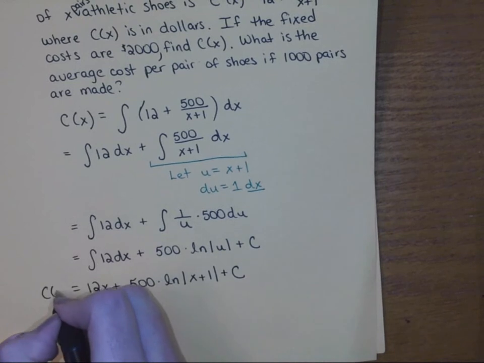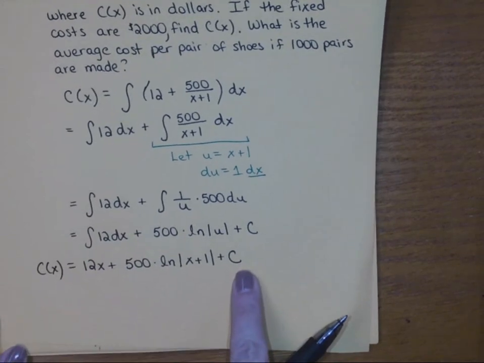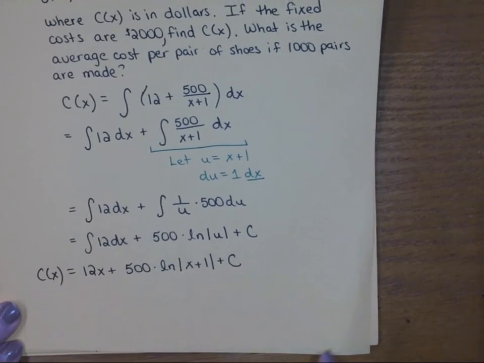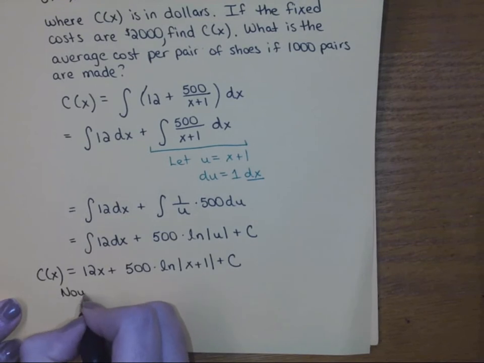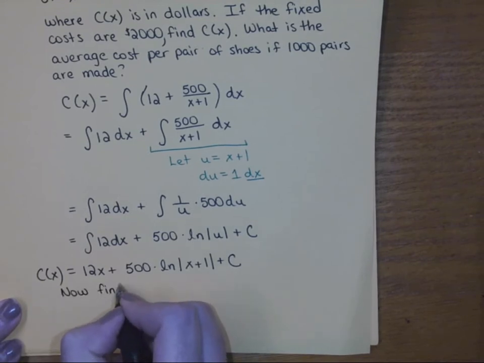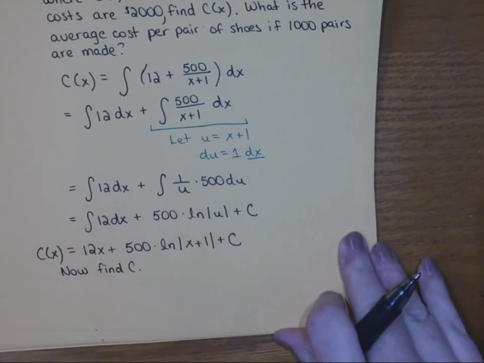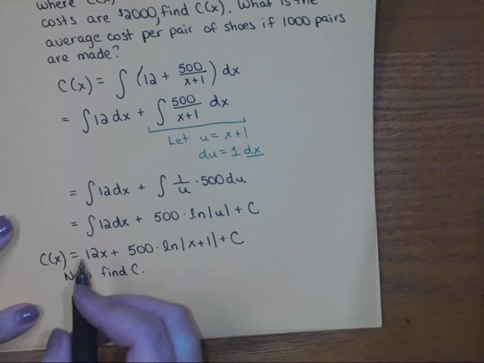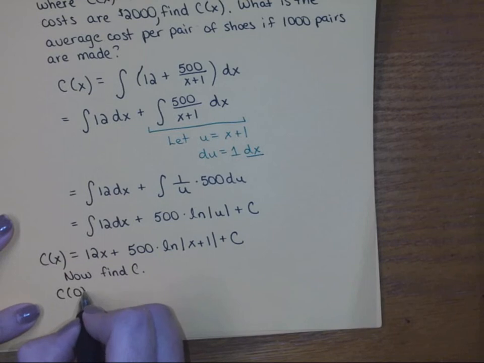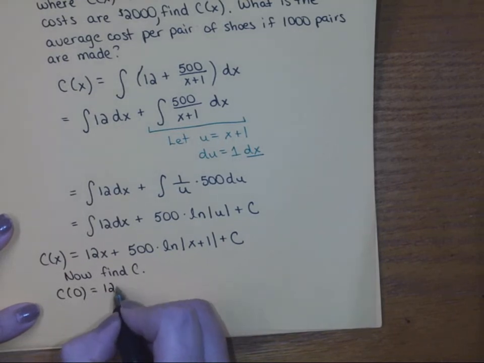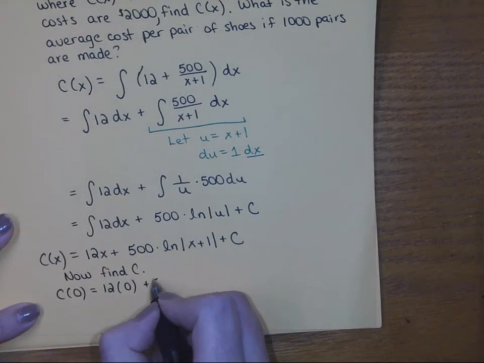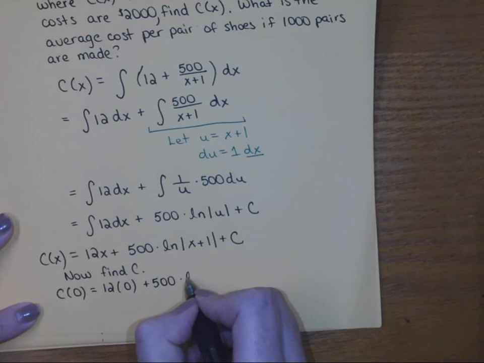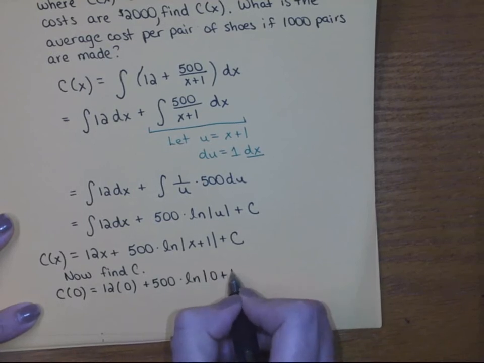So we have our cost function, but right now we have this pesky c, right? So now we need to find c. It said the fixed costs were $2,000. That means that when we sell 0 items, our cost is still $2,000. So if I plug in 0 everywhere there's an x, and I'll want to use my calculator, right?